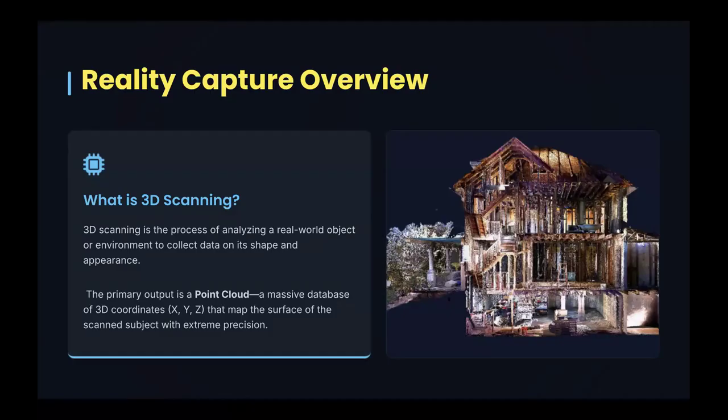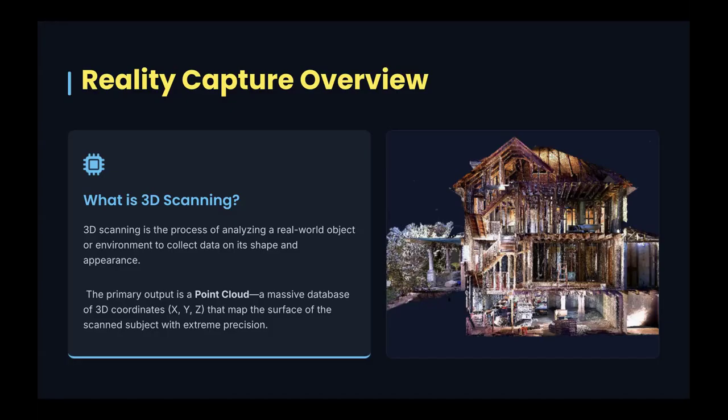So 3D scanning is basically the process of analyzing a real world object, because there are different ways for that. It can be your house, it can be a statue, it can be a banana, it can be a whole coffee shop.